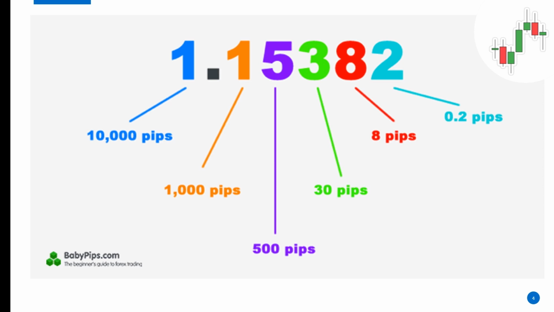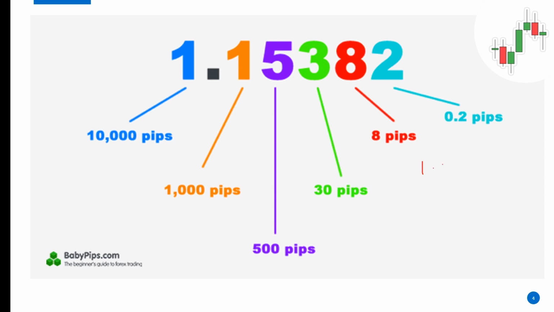So if a currency pair moves by 10 pips, using this quote as an example, 1.1538, the new price will be 1.15482. If you get the drift here, if it increases by 100 pips, the new price will be 1.16382. If it increases by 1000 pips, the new price will be 1.25382. So that's how you read movement in an FX chart.